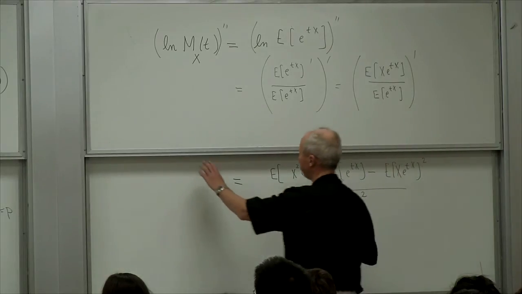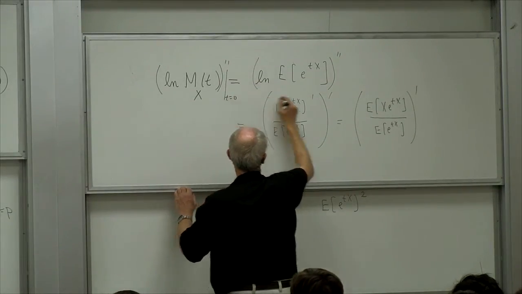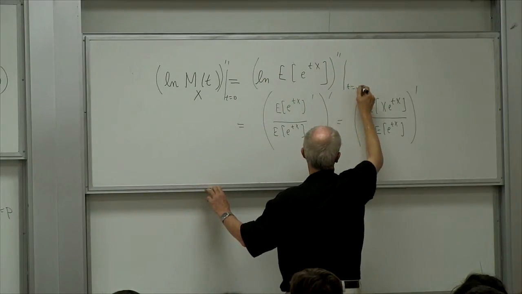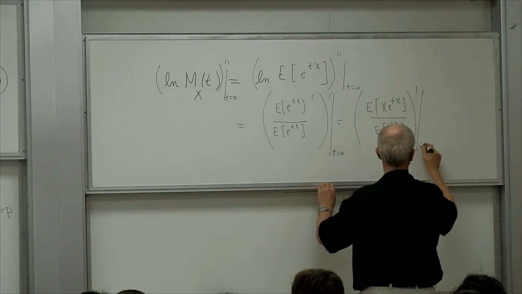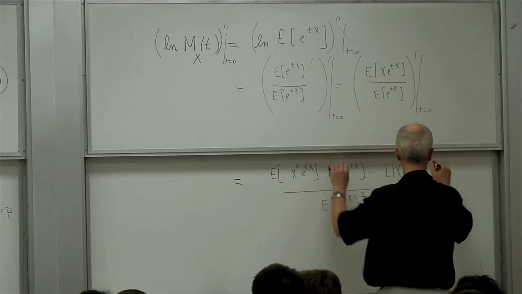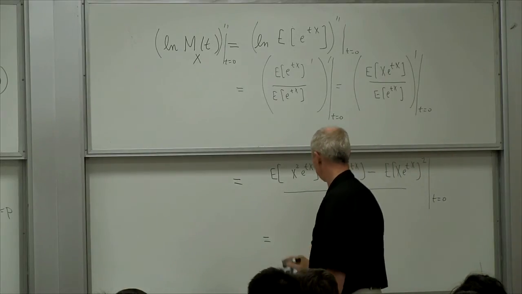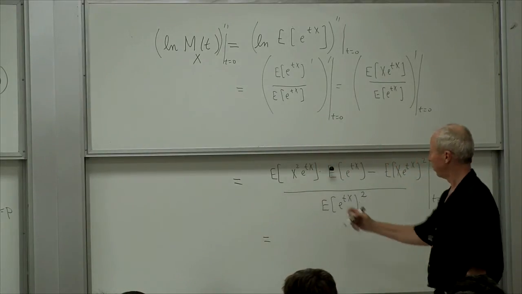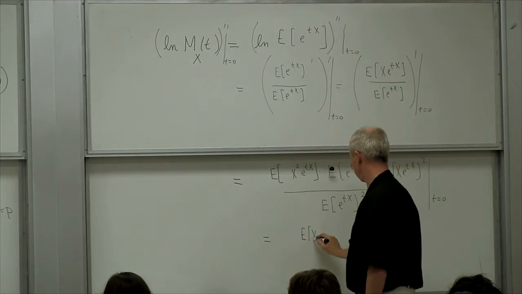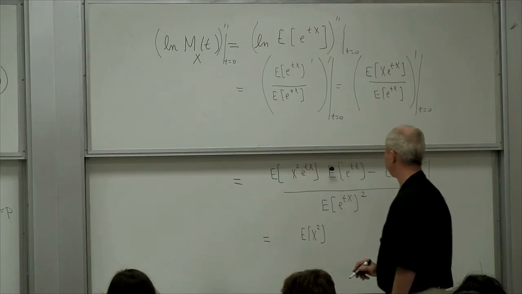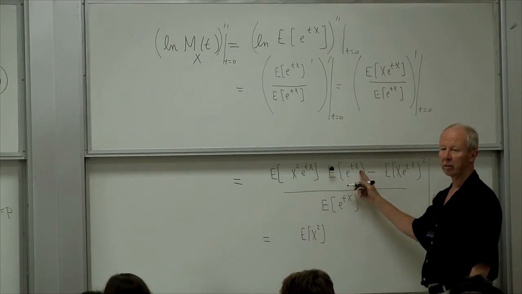Now let's evaluate at t equal to 0. And what do we get? Here we get the expected value of X squared. What do we get here? When t is 0, e to the 0 is 1.